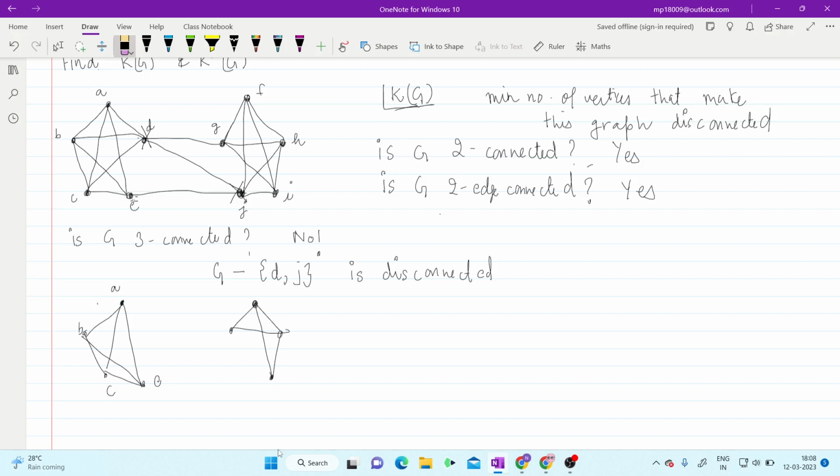So this graph is becoming disconnected, right? So we see that G is not 3 connected.